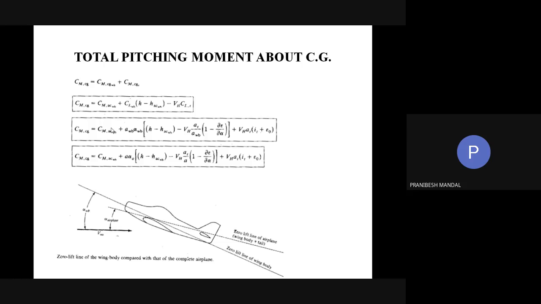This is very easy. The first term becomes 0. Yes, sir. Differentiating with respect to alpha gives AWB multiplied by this third bracket term, and the final term will again become 0. This is constant.